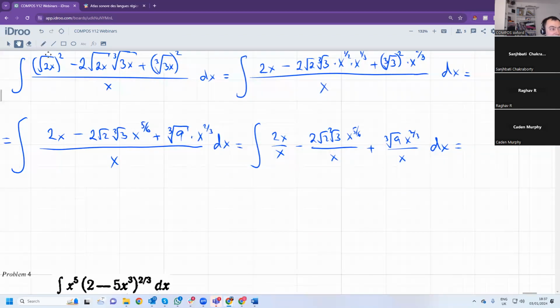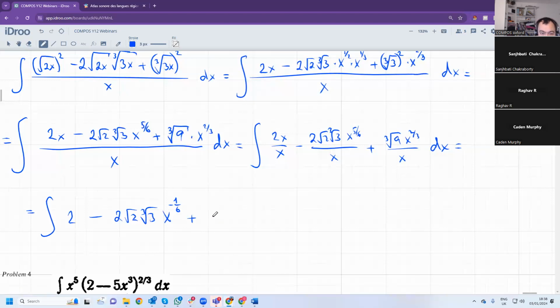And finally, it's the integral. 2x over x, that's 2. This is x to the power 5/6 over x, and so you subtract the powers, and it's going to be minus 2 root 2 cube root of 3 x to the power minus 1/6.